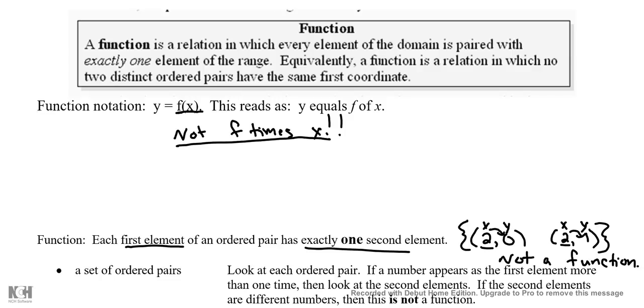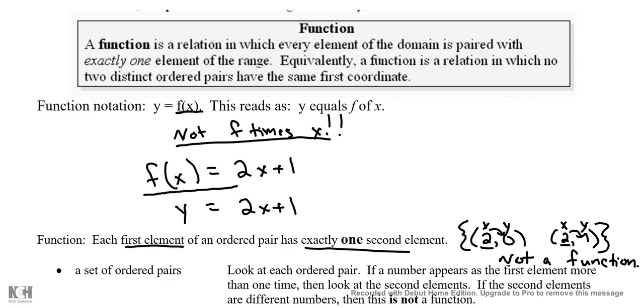So when we see function notation, we usually see it written as f of x, which corresponds to y, and then I can use the same equation I had before. These are equivalent ways of writing an equation that is a relation. This one just happens to be in function notation, which indicates that our relation is also a function.